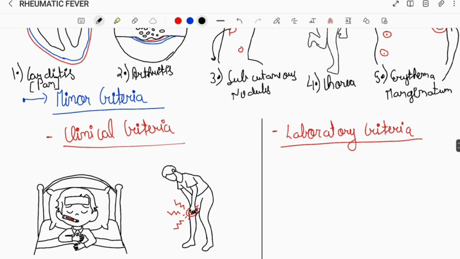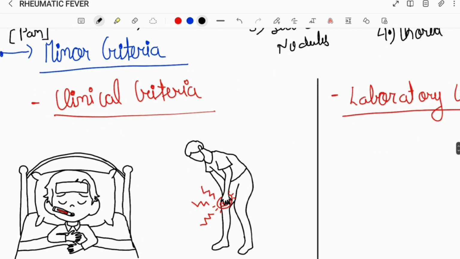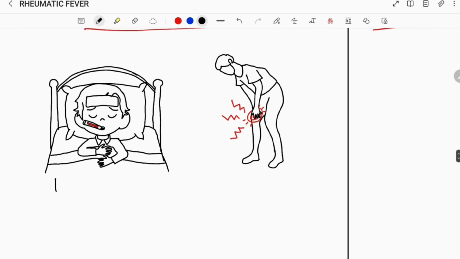Next, I move on to the minor criteria, which involve two things: the clinical criteria and the laboratory criteria. Clinical criteria has three things. First, what we have is fever.